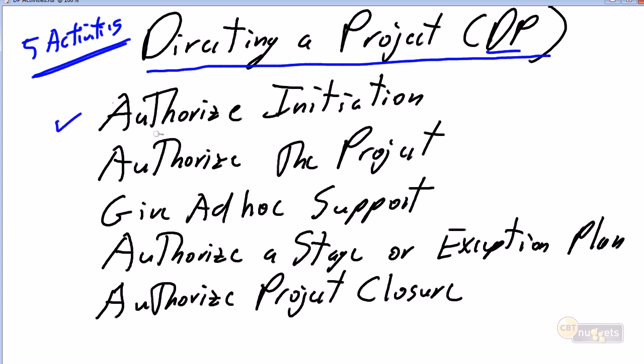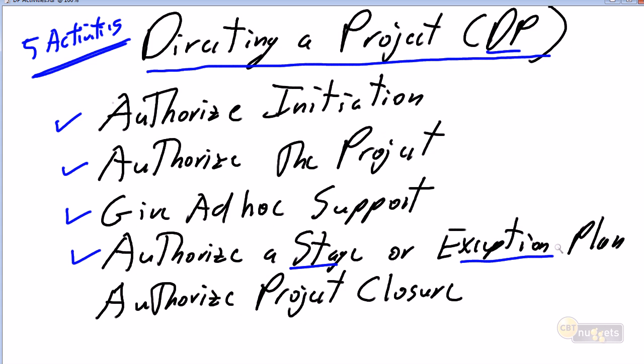And these are the authorized initiation, to validate the eureka moment, to get engaged when we are initiating the project and to say, yes, this project makes sense. And then they remain engaged throughout the project to authorize the project at every stage and to authorize the project deliverables. We need them for management support. The Prince2 term is to give ad hoc support. They authorize the stages, and they authorize any exception plan.